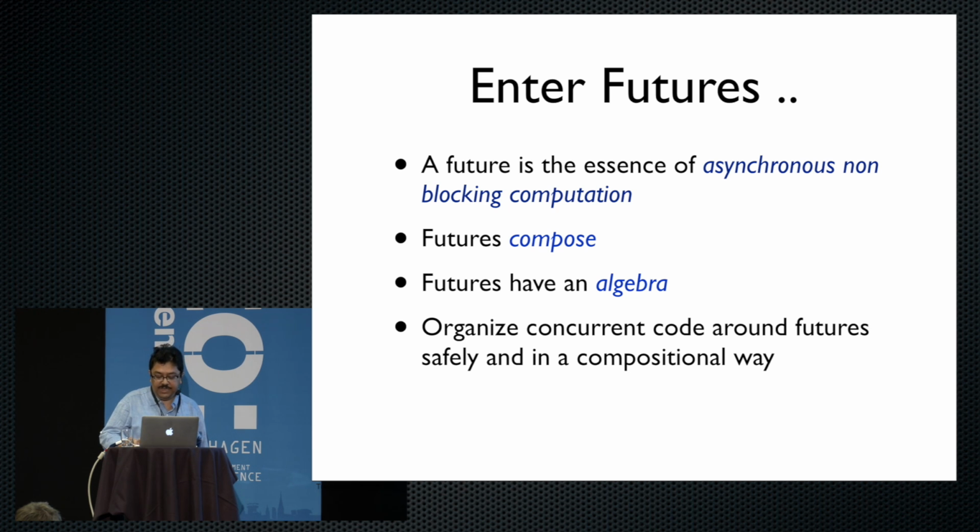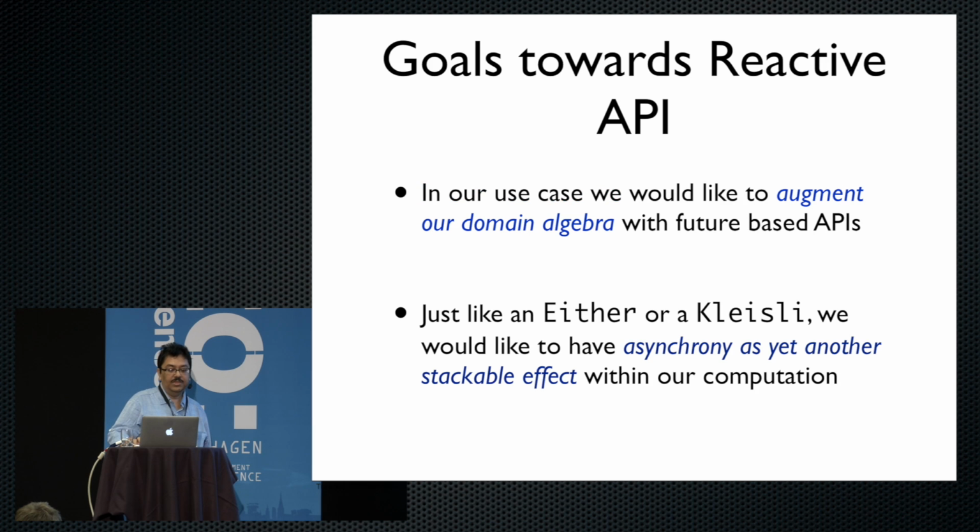So futures give us the way to make our APIs reactive without foregoing the benefits of algebraic composition. So in our use case, we would like to augment our domain algebra, the algebra which we left behind. We would like to augment it algebraically so that the API becomes reactive, and we will use future for that.